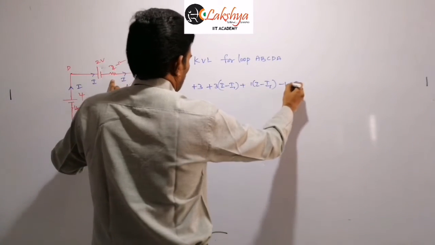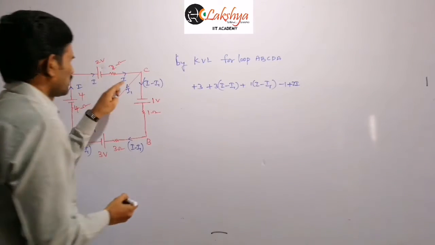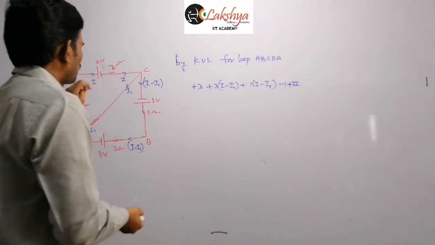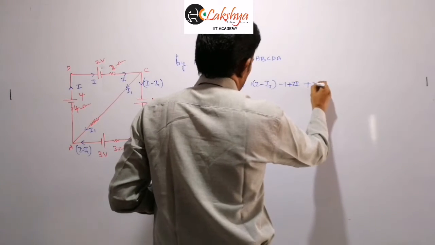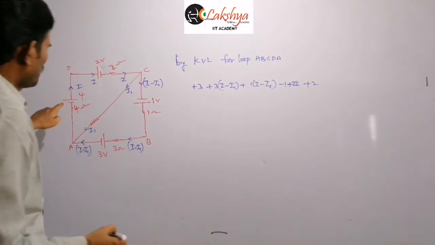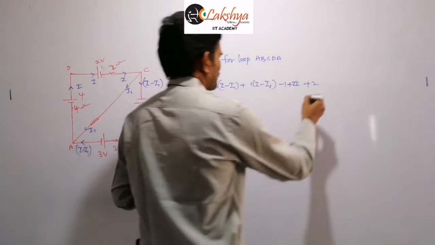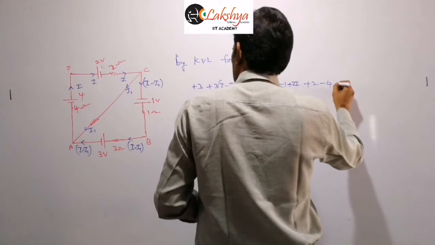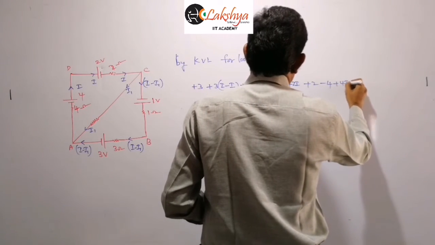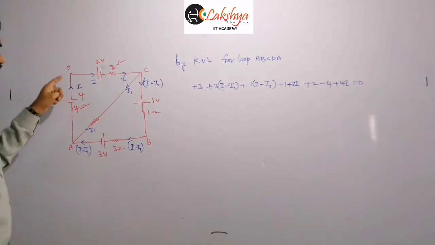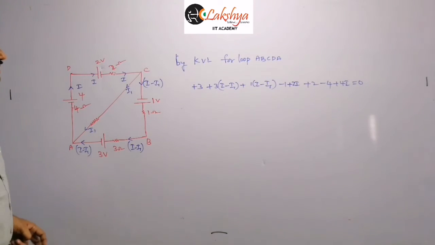So it is plus 2i, opposite the current means plus 2i. And then here we are traveling from negative to positive, so it is plus 2. Next when you reach this, we are traveling from positive to negative, so it is minus 4 and plus 4i is equal to 0. For this resistance it will be positive, we are traveling opposite that of current direction.